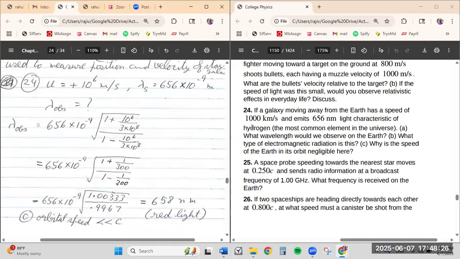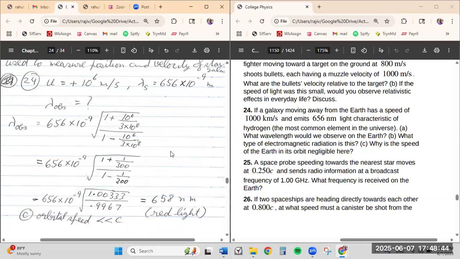An important thing to keep in mind is that the galaxy and the Earth are moving away from each other, and therefore u is taken to be positive 10 raised to 6. If they were moving towards each other, it would be negative.